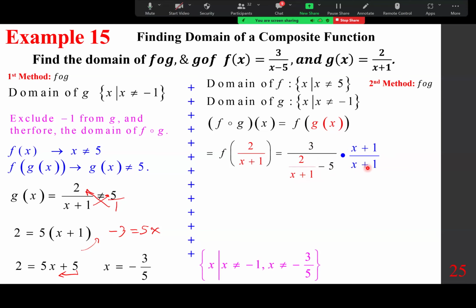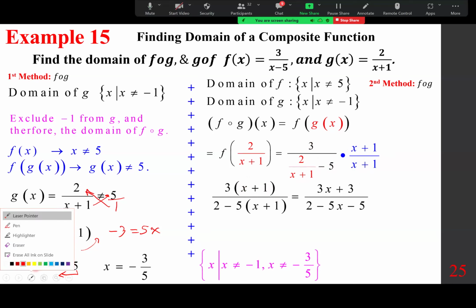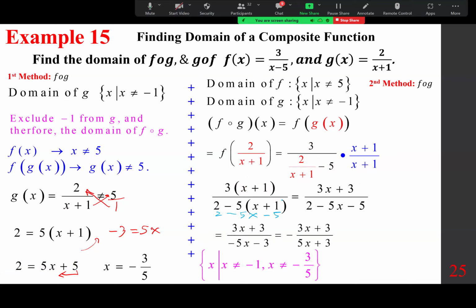I hope everybody understands what we are doing here. And so this is 3x plus 3. This one is 2 minus 5x minus 5. And therefore we have 3x plus 3 over minus 5x minus 3. Please understand, I can take the negative sign out and put it in front of the fraction bar. Makes no difference.